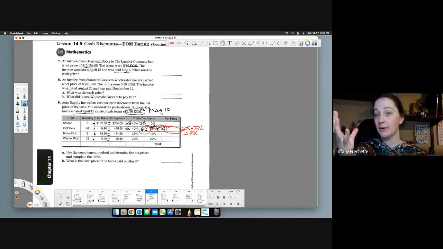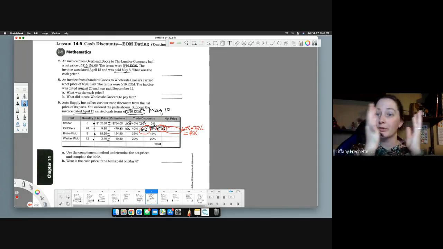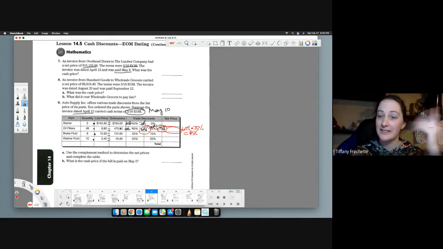You can calculate the first discount, subtract it from the extension, and you'll have your first net price. You can multiply that by your second discount and subtract it again from your first net price so that you have your final net price. Or find the 2 complements, multiply them together, and then multiply by the extension 1 time instead of having to go back and do that multiple times.